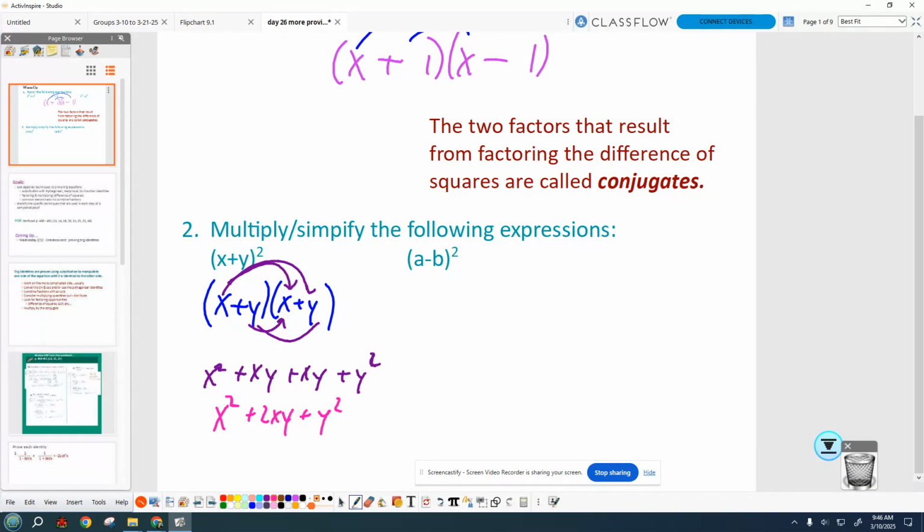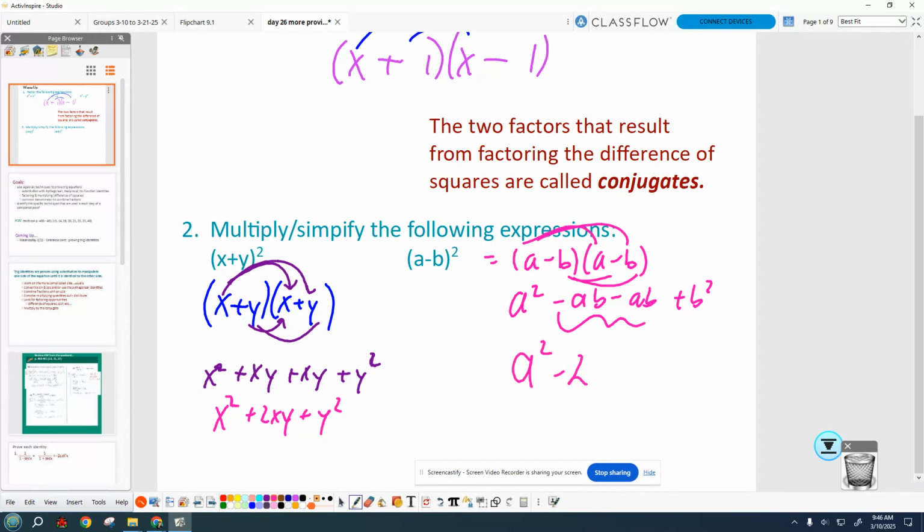So again, Andreas, this is kind of what you were asking earlier. Kalila, when I multiply this guy out, what do I get? A squared minus 2ab plus b squared. She did both of these, and then negative b times negative b becomes positive. So she had this out already combined. Okay?